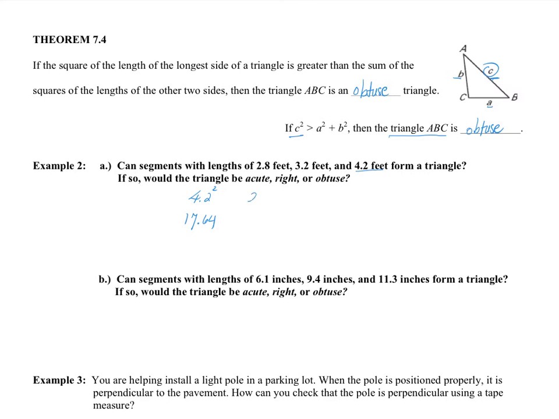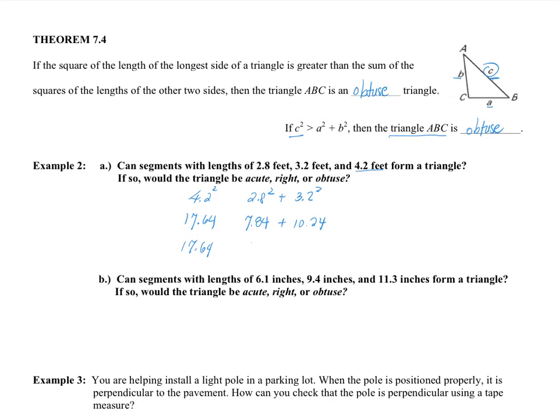And I'm going to take 2.8. I'm going to square that. And that's going to be 7.84. And 3.2 squared, 10.24. I'm going to add the squares of these two shorter side lengths.